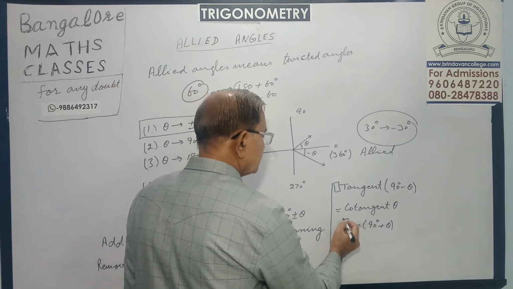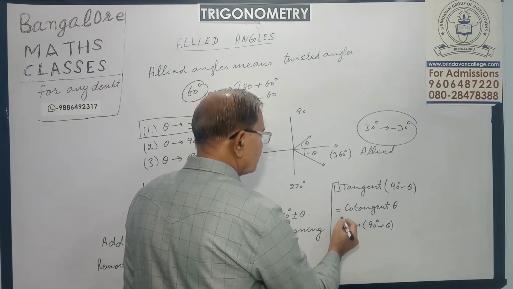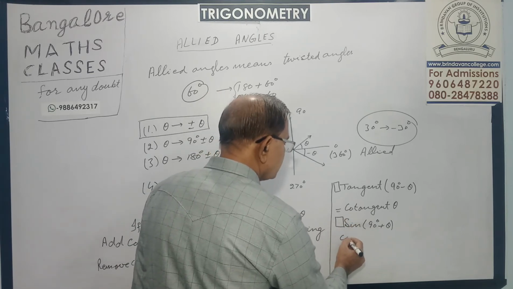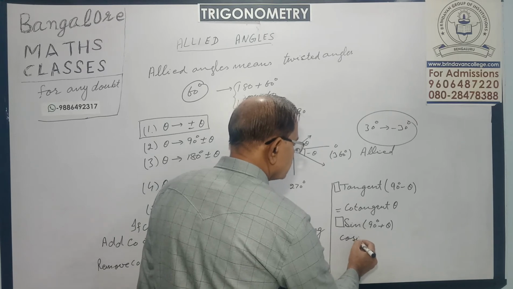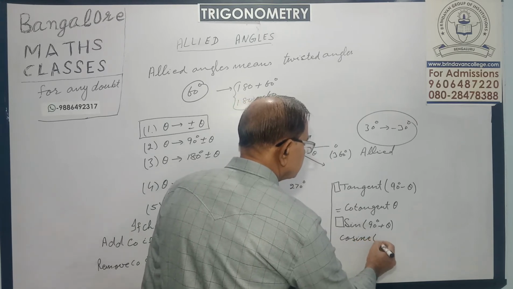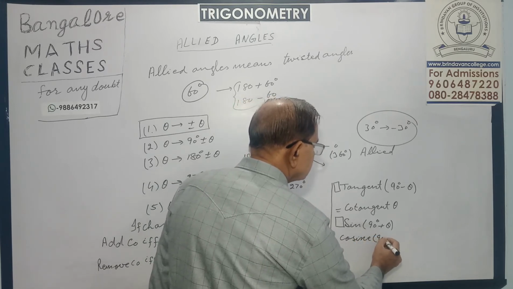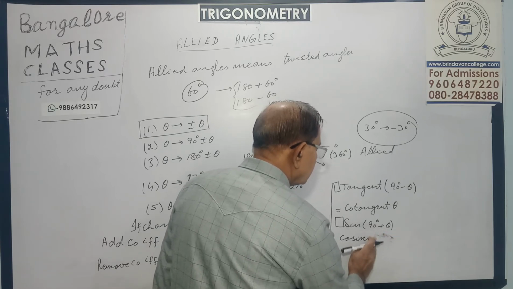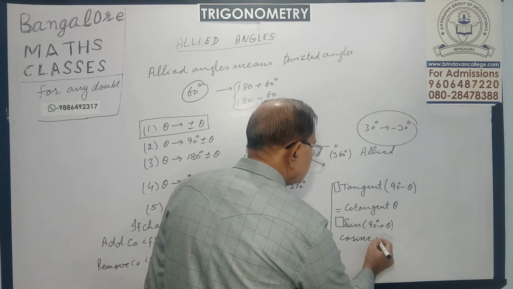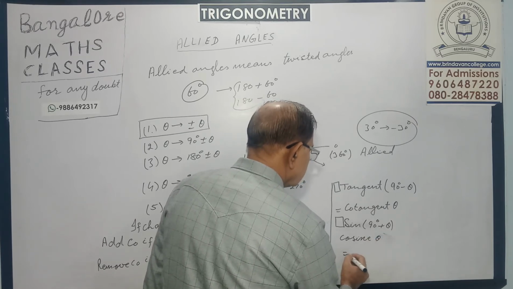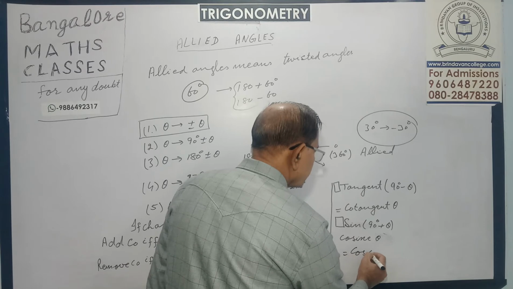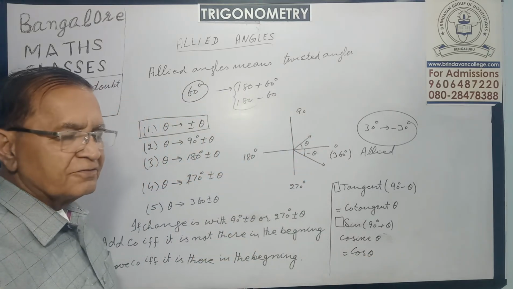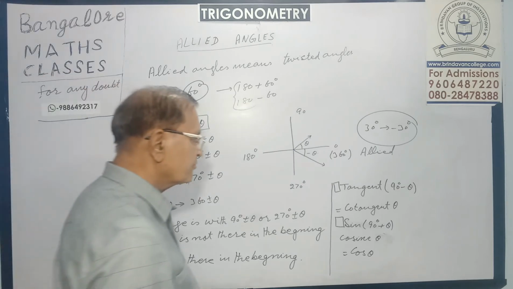See, in the beginning no co is there, so put co. It will give us cosine theta, that is cos theta. So like that we can convert and we can find the value.